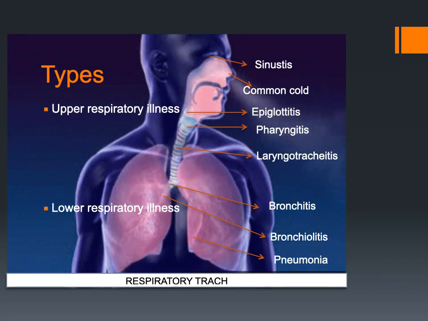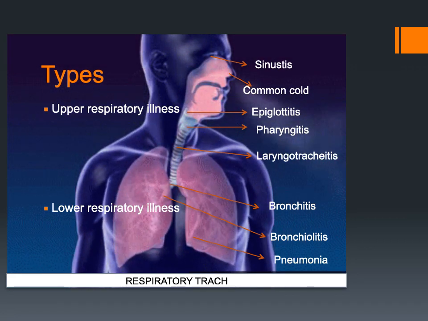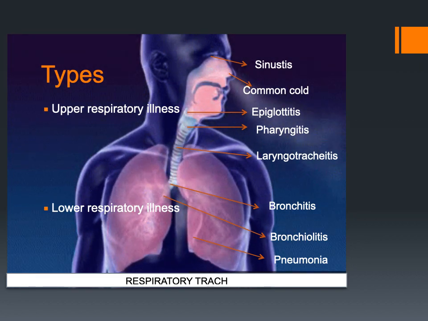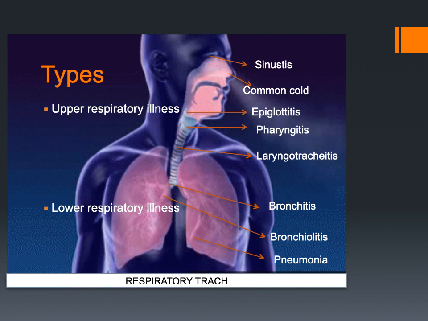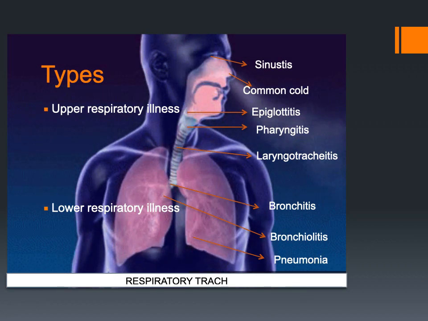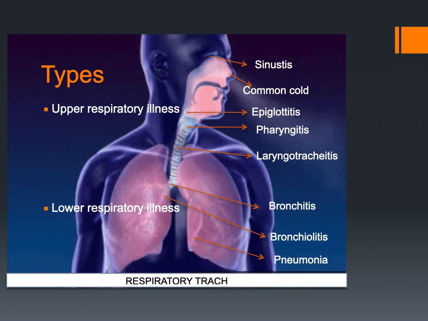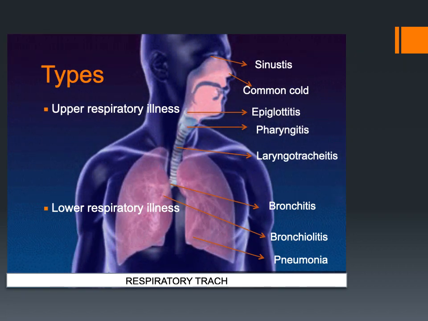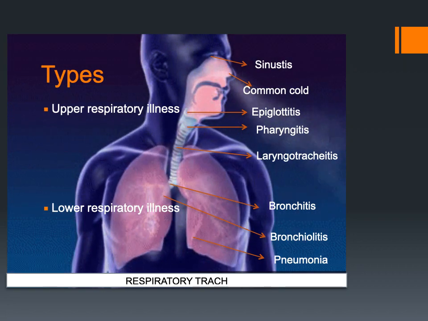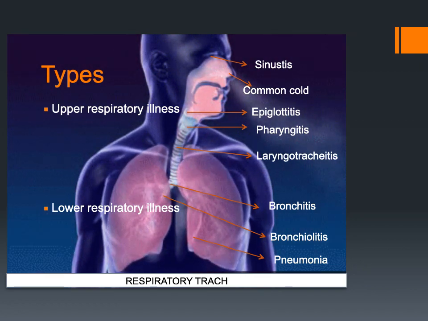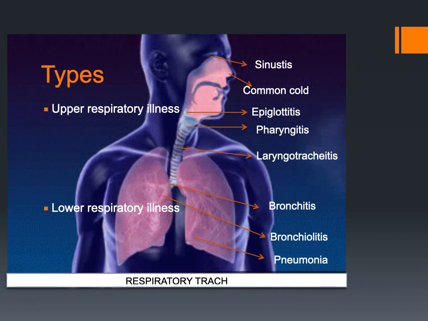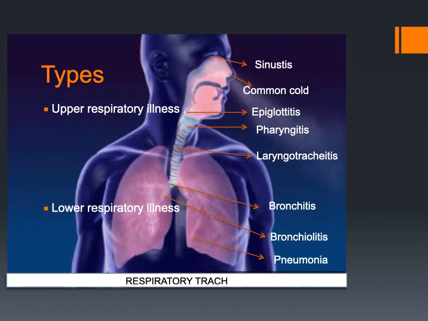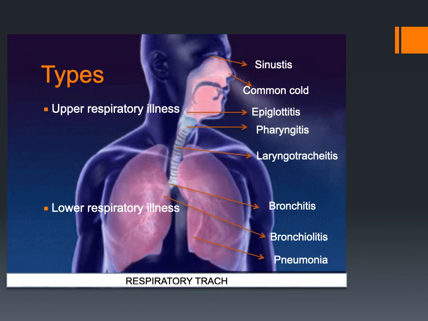And the most, a little bit of risk, if you talk about respiratory illness, is epiglottitis and laryngotracheitis. These are the two conditions where, maybe not for a healthy individual, but if they are a child below 5 years or a person above 65 or so, the patient might find it difficult to breathe in and maybe to swallow food.